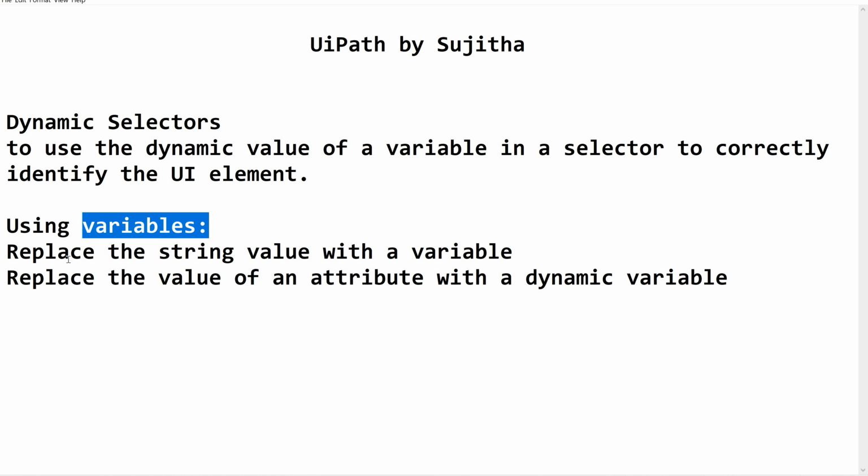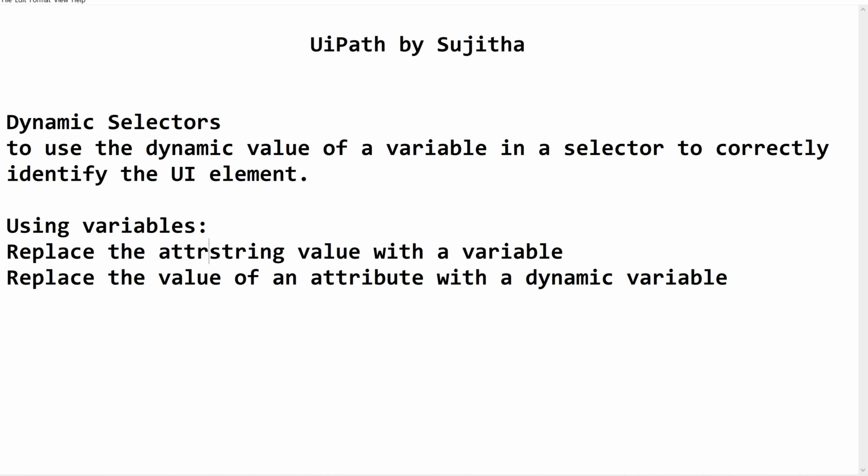Using variables. So what we are going to do is replace the string value, the attribute value, with a variable. That is, replace the value of an attribute with a dynamic variable. Both are the same, right? Now quickly open your Studio and let us start a practice session.